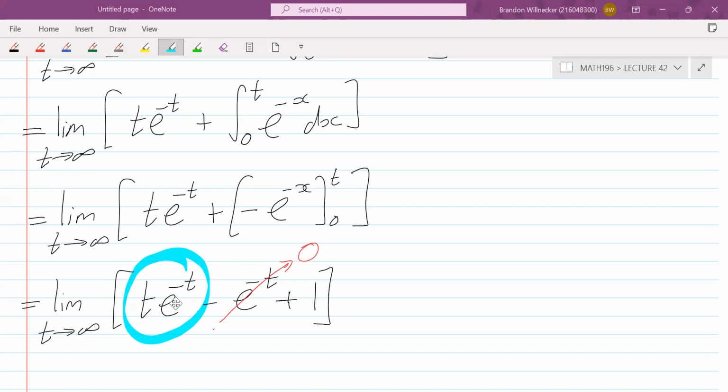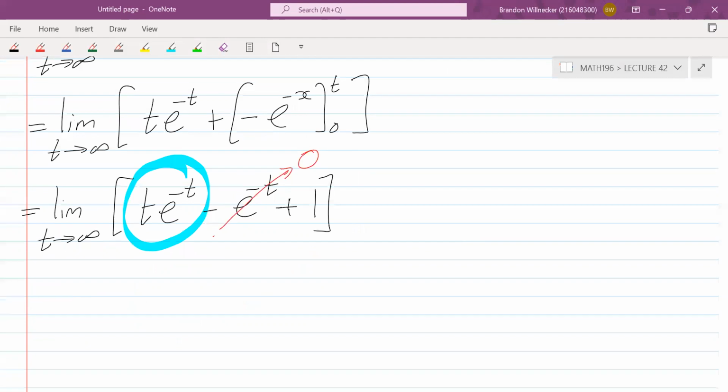Whenever you get an indeterminate form like that, you need to do a little bit more extra work to see what the value actually is. In this case, we've got an infinity times 0 indeterminate form, so we can go ahead and use L'Hopital's rule.